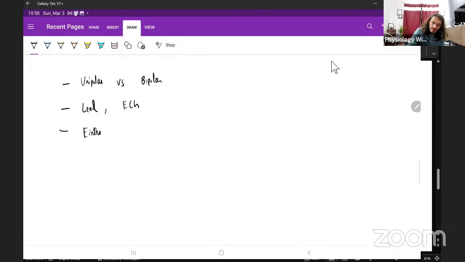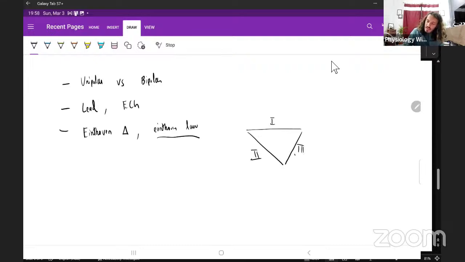Your Einthoven triangle and what we call Einthoven's law. I didn't talk about this yet. So Einthoven's law is very simple. We have this is lead 1, this is lead 2, okay, and this is lead 3. So these are all equilateral triangles.